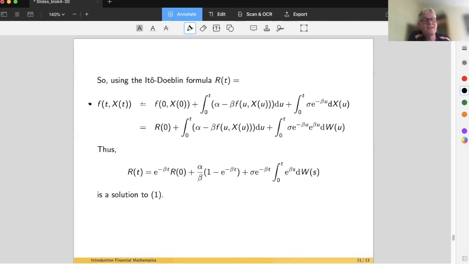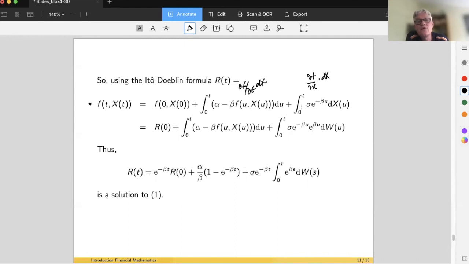And Ito-Doeblin tells us that this is f at 0 and x0 plus the integral from 0 to t of this expression over here, alpha minus beta f of u and xu du. And so this is, if you wish, df dt dt. Then here comes the first derivative, df dx dx.